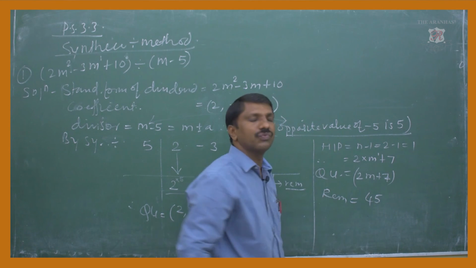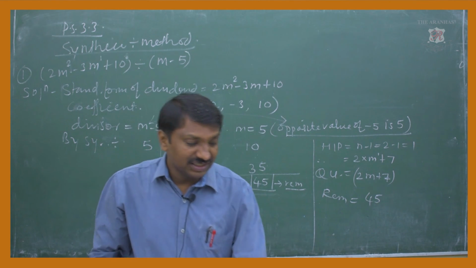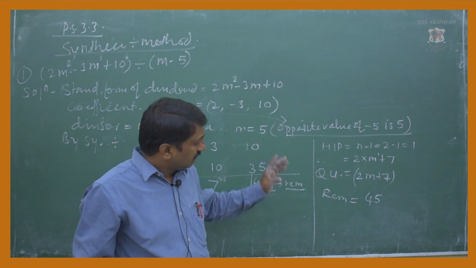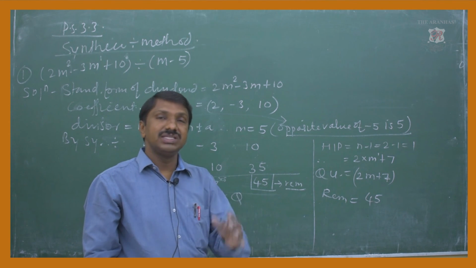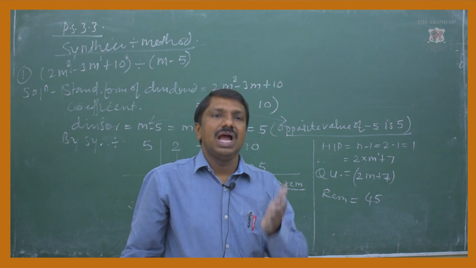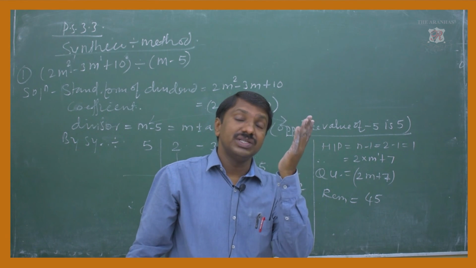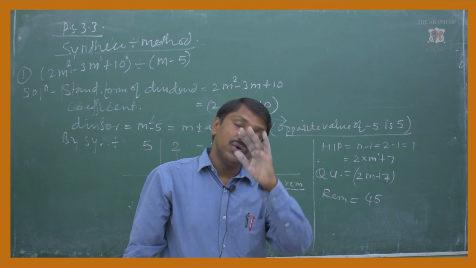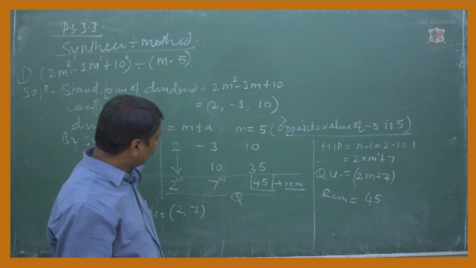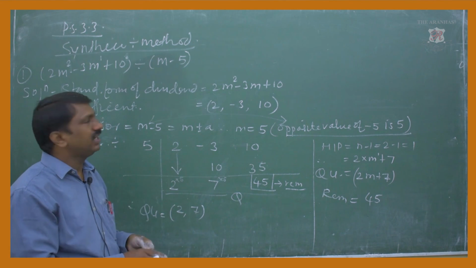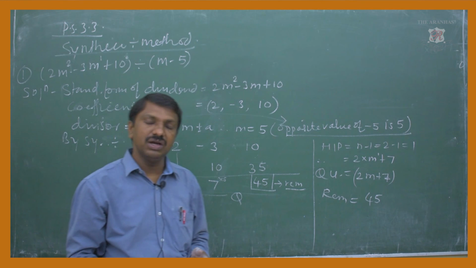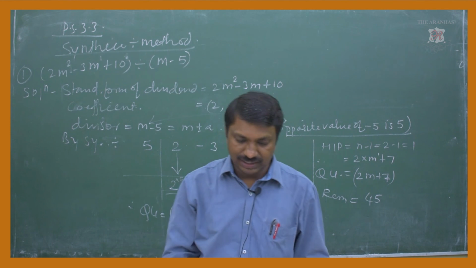The important thing is that you have to revise what you discussed in the previous exercise: converting into standard form, standard form into coefficients, and the coefficients into equation form. I hope you understood the example we did. In the next session we are going to continue with more examples. Thank you very much.